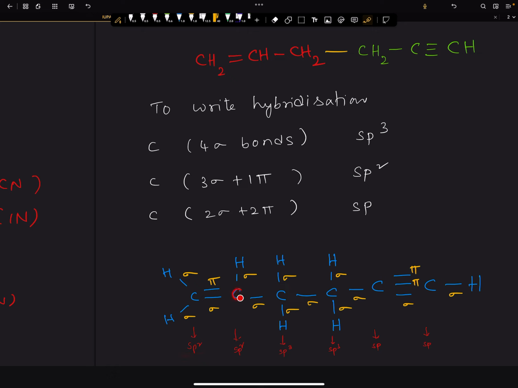Similarly, this carbon has 3 sigma bonds and 1 pi bond, sp2. This carbon is forming all sigma bonds, 4 sigma bonds, so sp3. This carbon is also forming 4 sigma bonds, sp3. This carbon is forming 2 sigma bonds and 2 pi bonds, therefore it is sp. This carbon is forming 2 sigma bonds and 2 pi bonds, therefore sp hybridized.